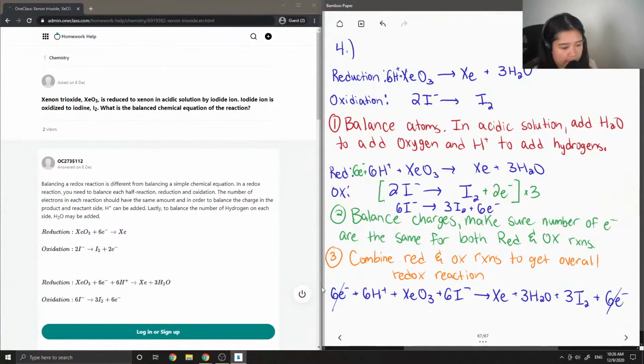And for our charges, we have 6 positive charges balanced out with 6 negative charges. And for our products, everything is neutral. So the net equation is balanced, let's just rewrite it.